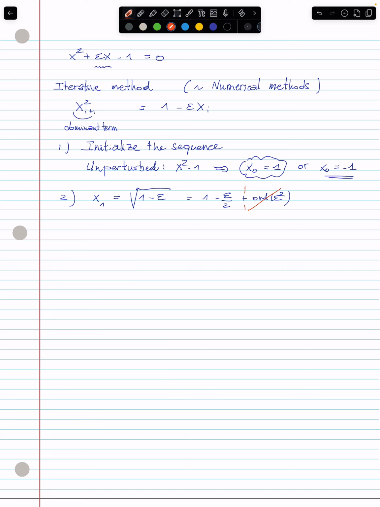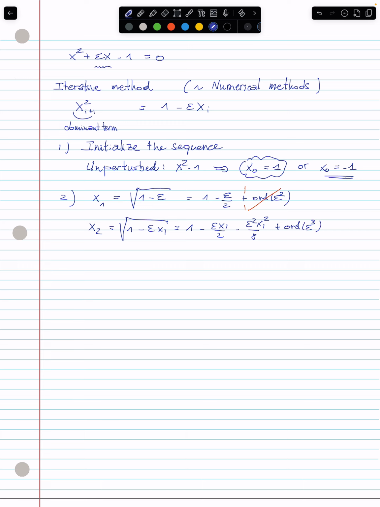Okay, so we can now just keep going, and if we want to keep going, then x2 is the square root of 1 minus epsilon times x1, meaning we have the square root of, maybe let me just put it in a different manner, 1 minus epsilon x1 over 2, that's the series expansion of the square root, minus epsilon square x1 square over 8 plus terms of order epsilon to the third.